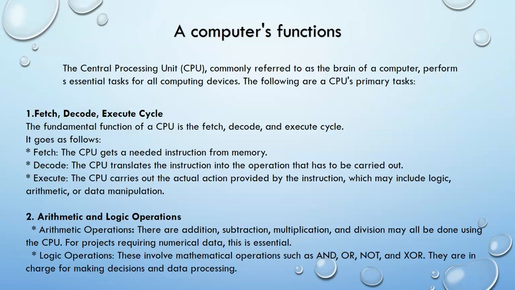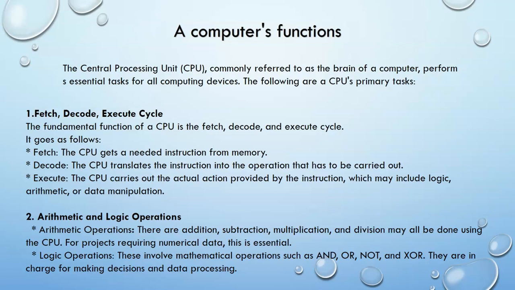It goes as follows. In fetch, the CPU gets an instruction from memory. In decode, the CPU translates the instruction into an operation that has to be carried out. In execute, the CPU carries out the actual action provided by the instruction, which may include logic, arithmetic, or data manipulation.